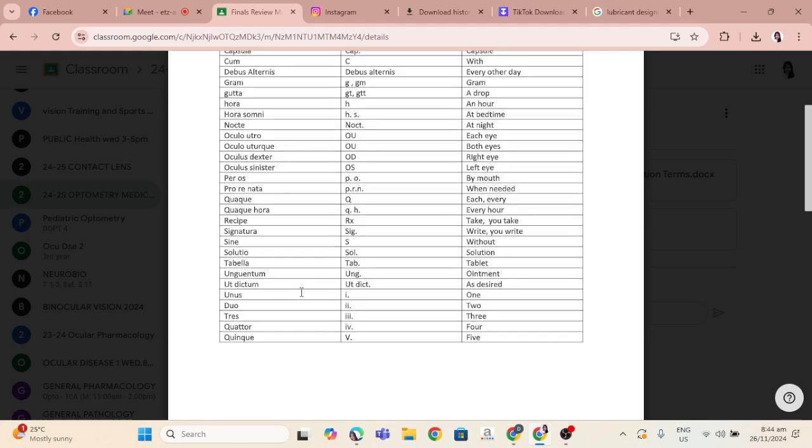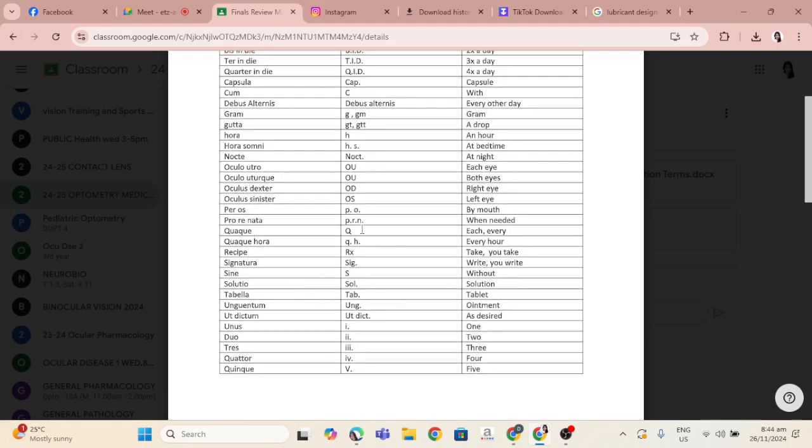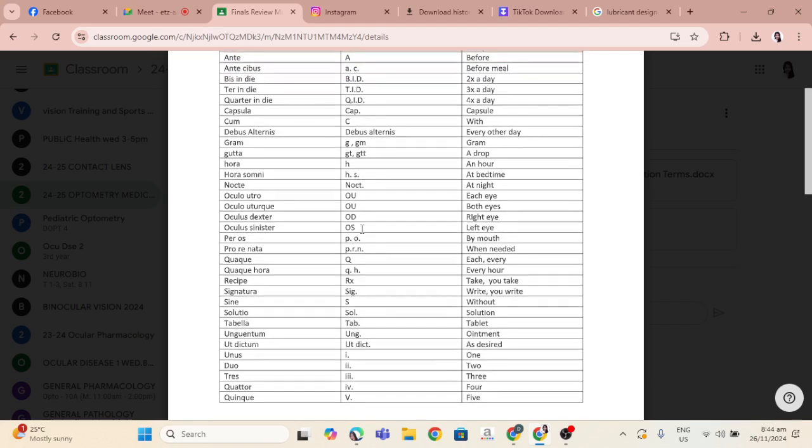Still updated pa rin naman ito na type of medications for S1 to 5. So for S1 or yung high C1, these are substances that have high abuse potential and no accepted medical use.